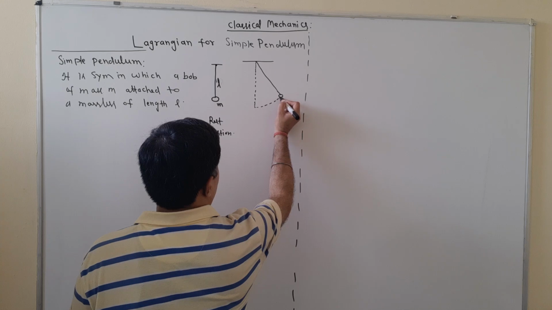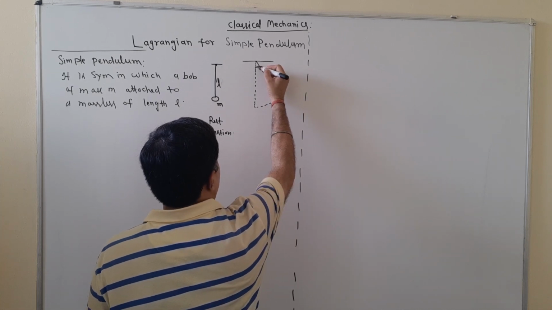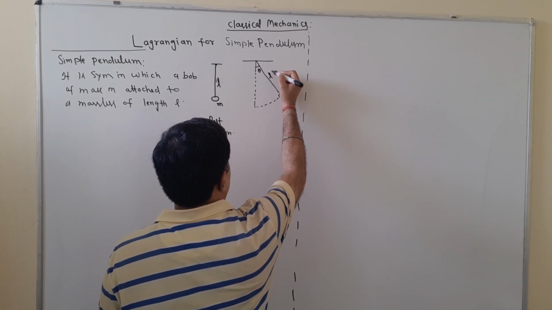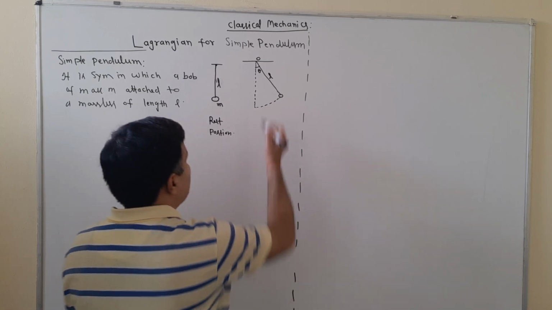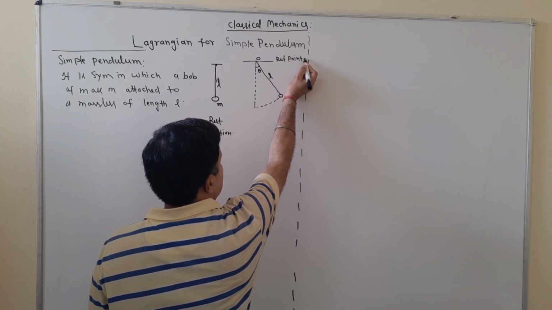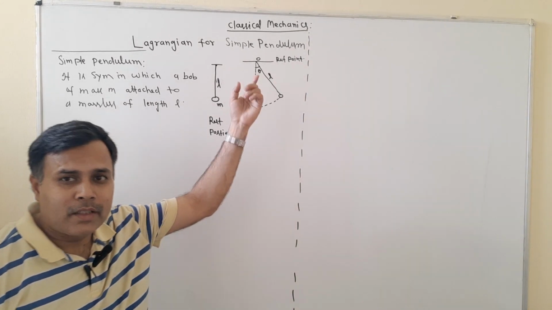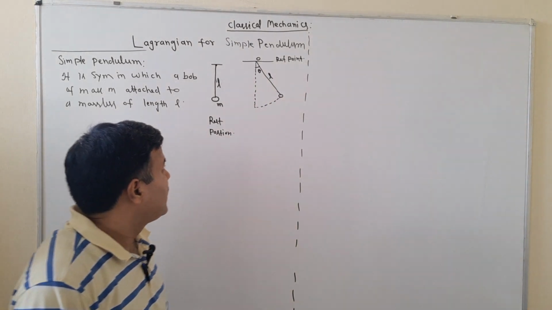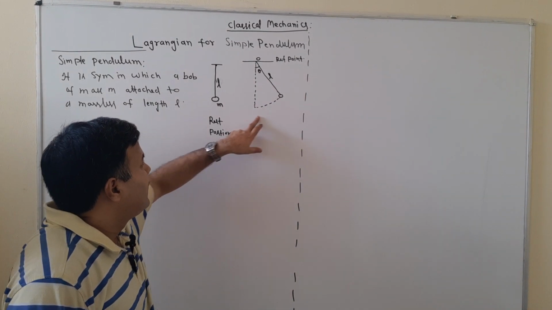from here to here, there is an angle. This length is L, and this is the reference point. I will tell you the exact meaning of this reference point later on. This is the displaced position.